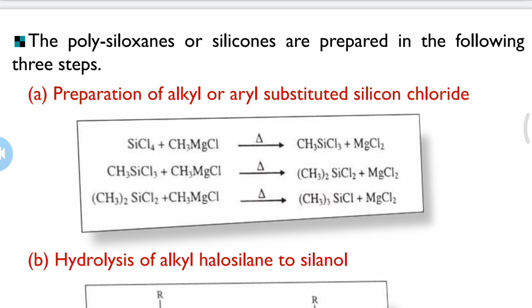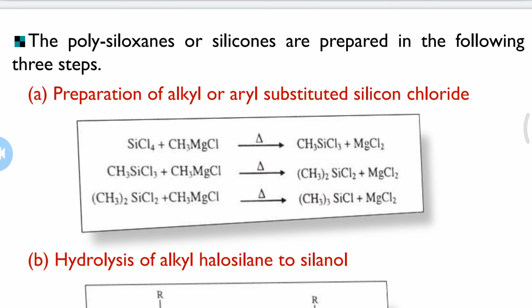These polysiloxanes or silicones are prepared in three steps. First, preparation of alkyl or aryl substituted silicon chloride.